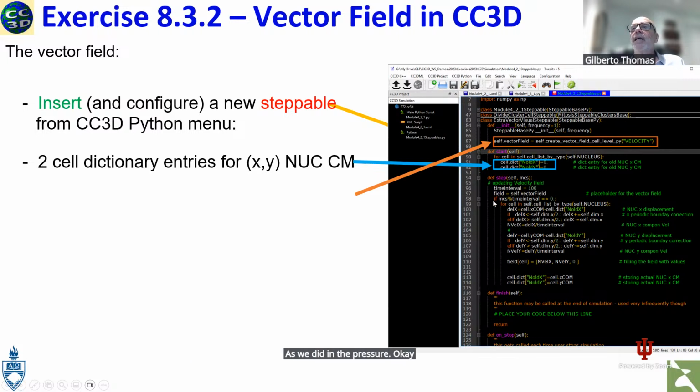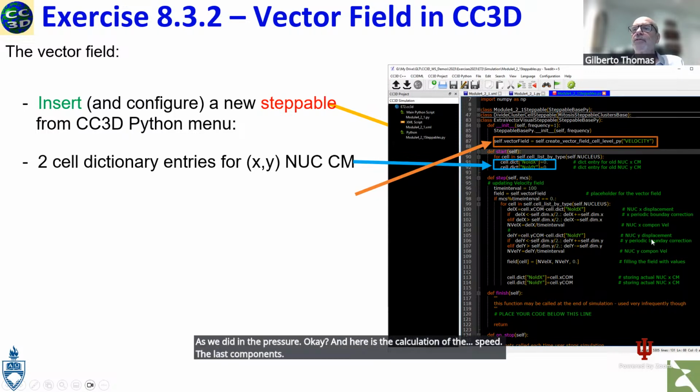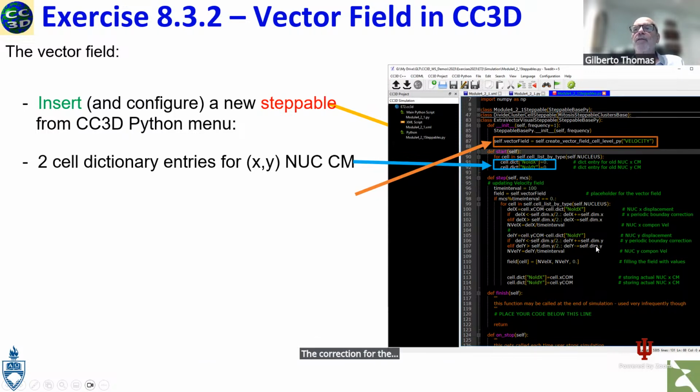And here is the calculation of the velocity components, the correction for the periodic boundary conditions here, the calculation of the speed, and we are going to put in the field velocity here. Remember, we created this velocity field, the vector field, and named it velocity here. And here, I put that velocity field in the placeholder called field.